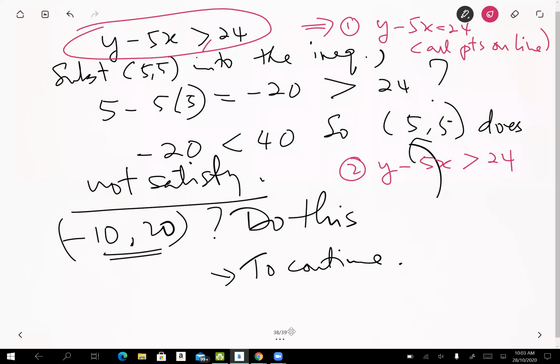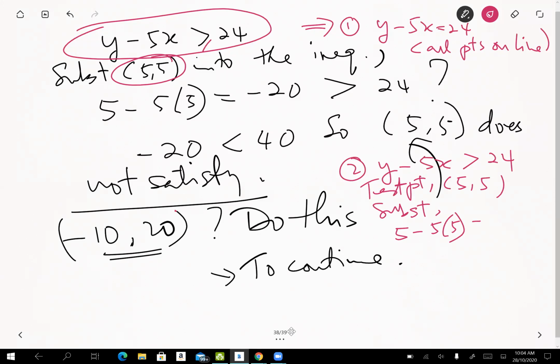What we were doing last time is that we take a point, the point (5, 5). You test that point. We substitute. What do we get? We get 5 minus 5 times 5, which is equal to negative 20. You have to compare with the term on the right hand side. Is negative 20 bigger than 24?